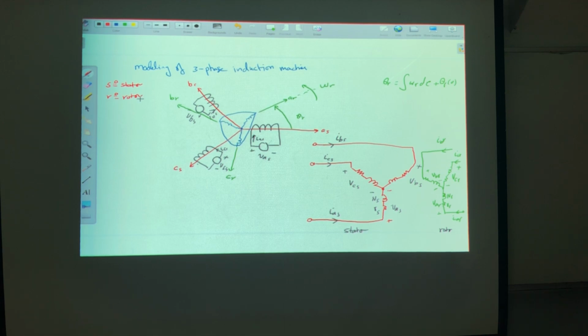And to make the discussion very simple, I will say that IKS, where K can be A, B, or C, is the stator current. Correct? And the same thing I can say VKS, where K is an element of ABC, is the stator phase voltage.